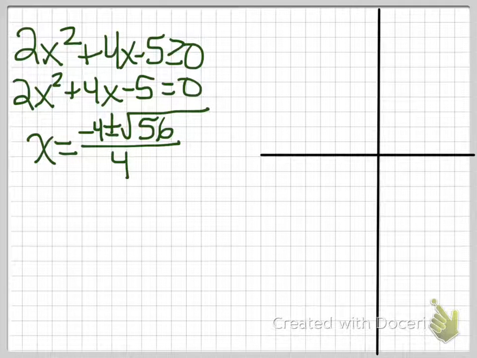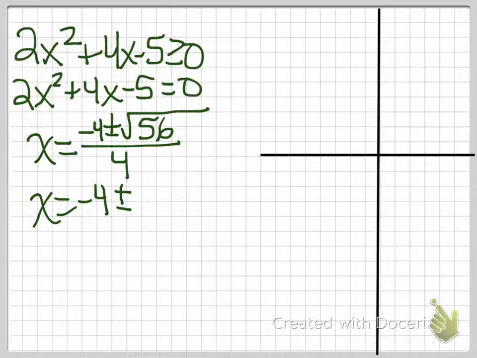If I keep working on this, I get x equals -4 plus or minus, and this is factorable by 4. I know that 4 goes into it 19 times, so it's going to be 2 root 19 divided by 4.